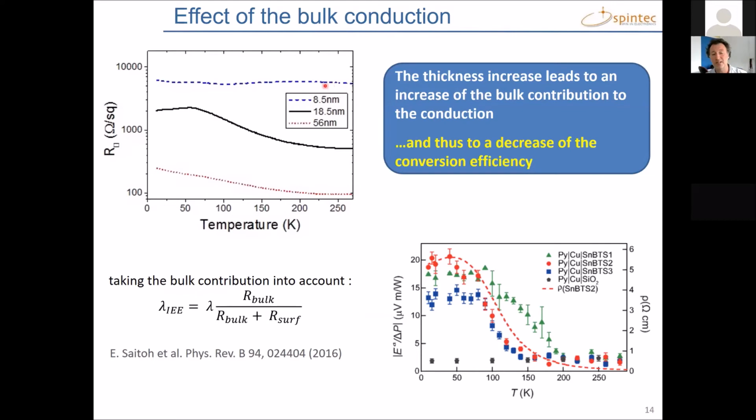In the case of thicker layers, we have a strong contribution from the bulk that is starting to freeze.